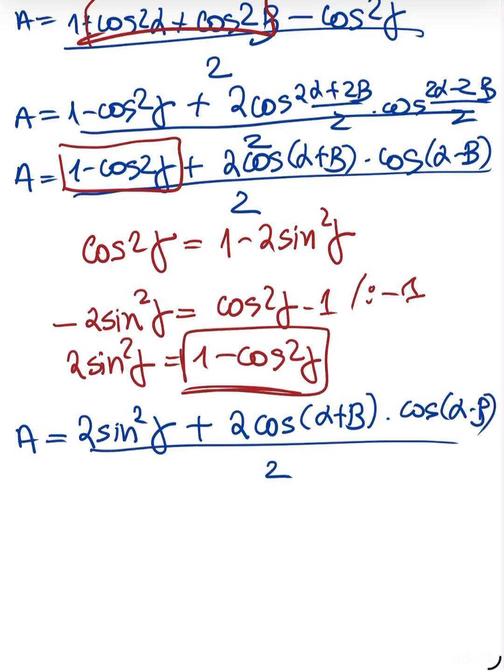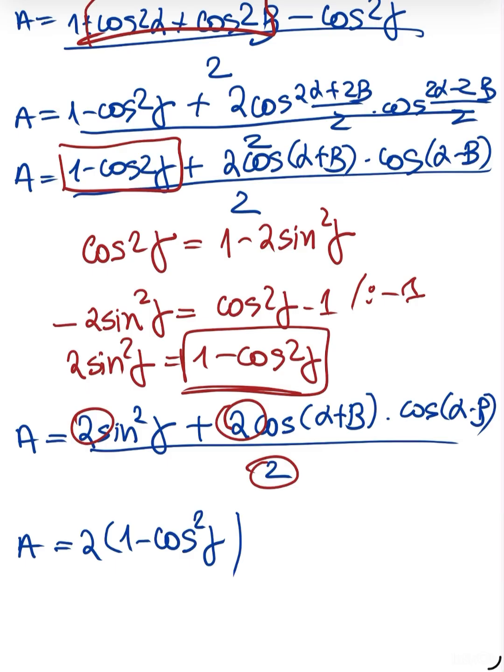And here we see that we can simplify. Here we have 2, here we have 2, here we have 2. So we can just simplify the denominator. But before that, let's present this sine square alpha as 1 minus cosine square alpha. We're using the basic trigonometric identity, yeah?